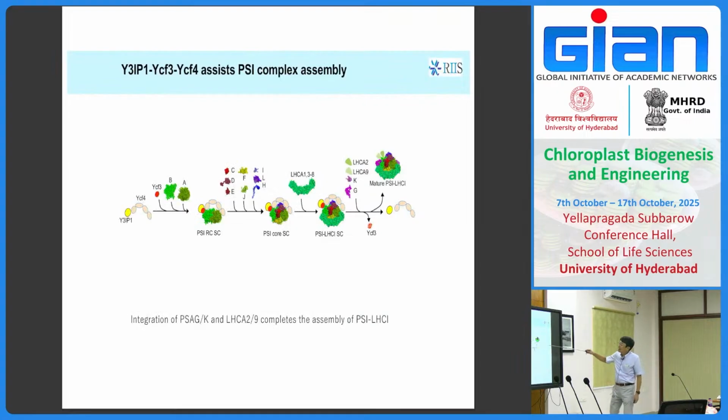And then finally, the dimer of LHCA2 and 9 associates at this position, and PSA K and G are present here. That's required for stabilizing the 2 tetramers of LHC1 on this side, which is integrated. Okay, so these 2 factors are very essential for this process.